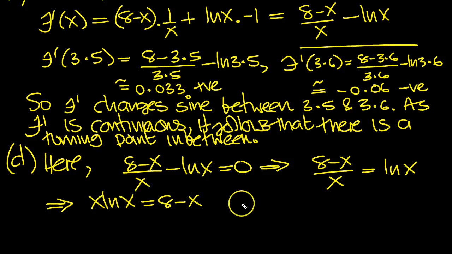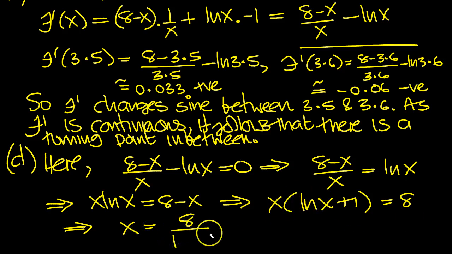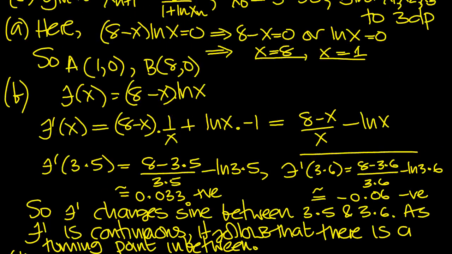Then move the x over, and at the same time I'll take it outside a bracket, so you'll have the log x in the bracket, and then plus 1 lot of x, won't it? And that's equal to 8. And so that tells us then that x is equal to 8 over, and write this the other way around. Move this from times to divide, so that it's in the form that the question asked for. So that's part D completed there.